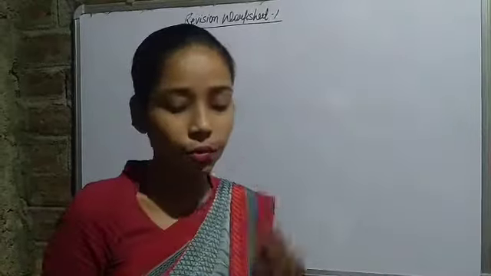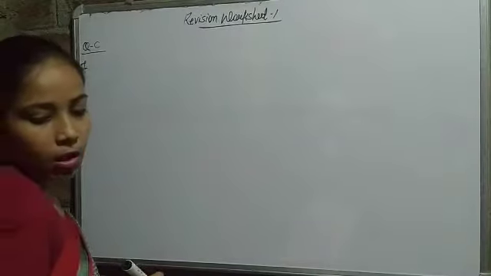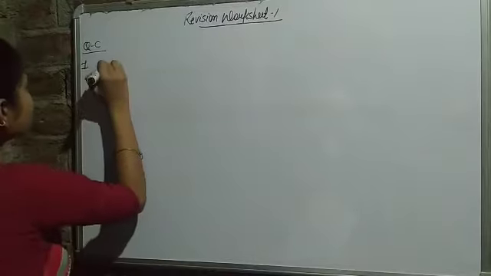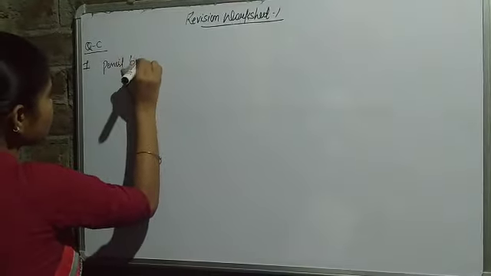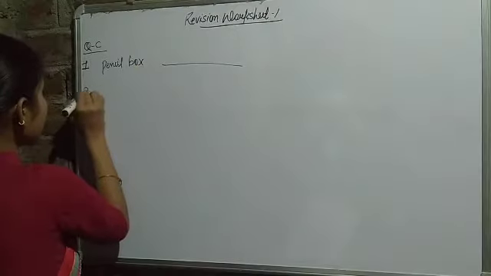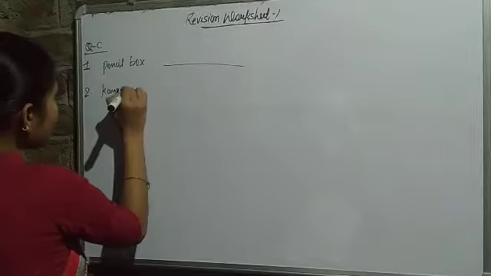Here we have a total of 4 naming words. Number 1, pencil box. Number 2, kangaroo.